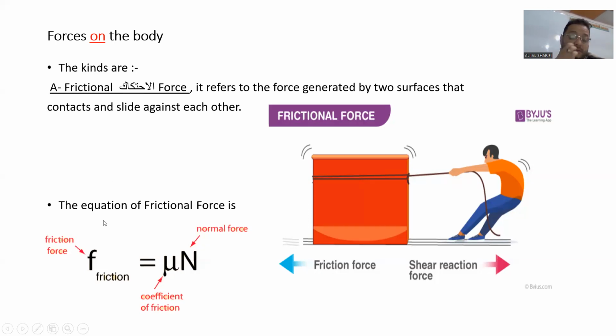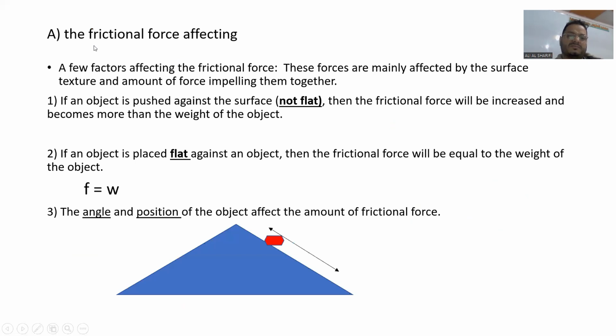The equation is F, that means friction force, equals the coefficient of friction multiplied by the normal force. Here, the factors affecting the frictional force. These forces are mainly affected by the surface texture and the amount of force impelling them together.